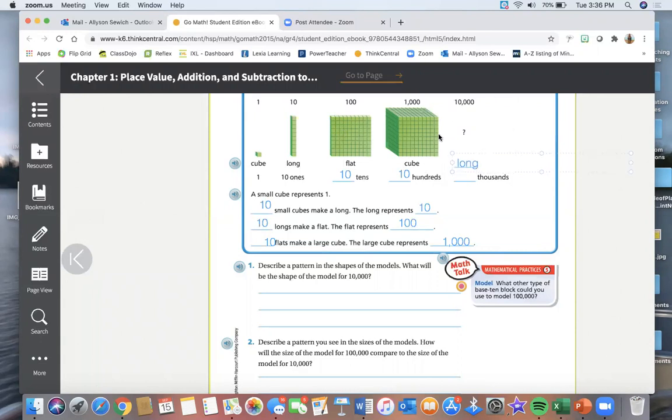And the 10,000 is going to be 10 cubes stacked up high. So it'll basically look like a long, but instead of a small cube, it's going to be the big cube stacked up 10 times. So the shape in the model for 10,000 will be a long, and we know it will be 10,000 because it needs to be stacked 10 times. And we're noticing that each model is 10 groups of the past model.